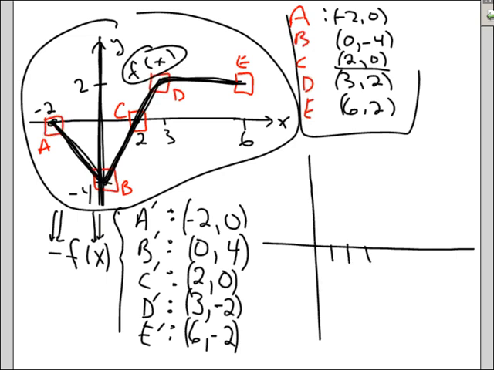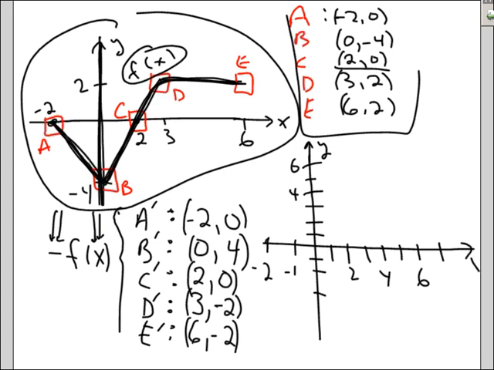1, 2, 3, 4, 5, 6, 7. Negative 1, negative 2. The y values 1, 2, 3, 4, 5, 6. Negative 1, negative 2, etc. And I plot.